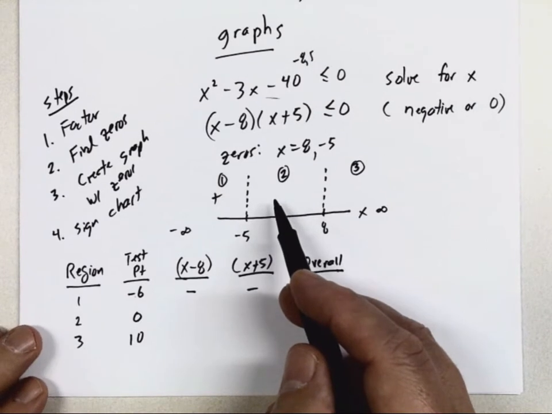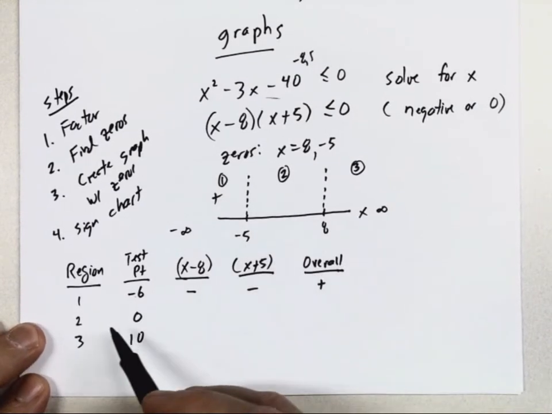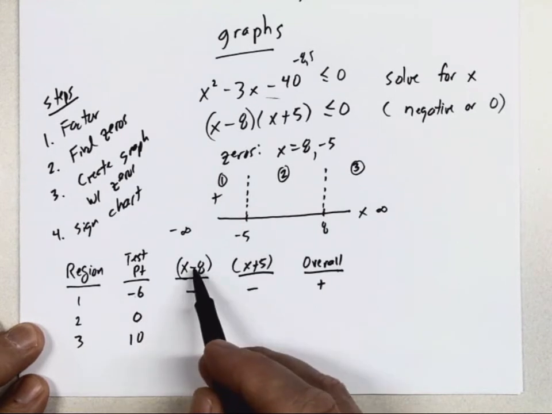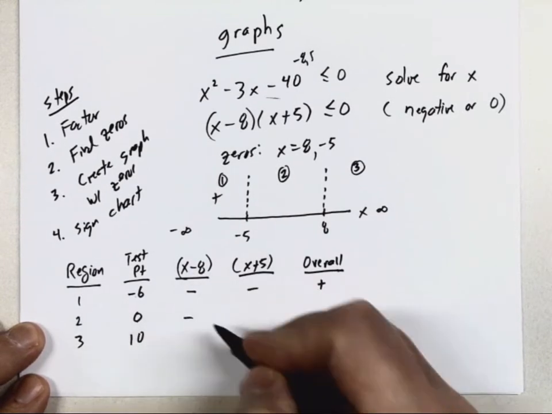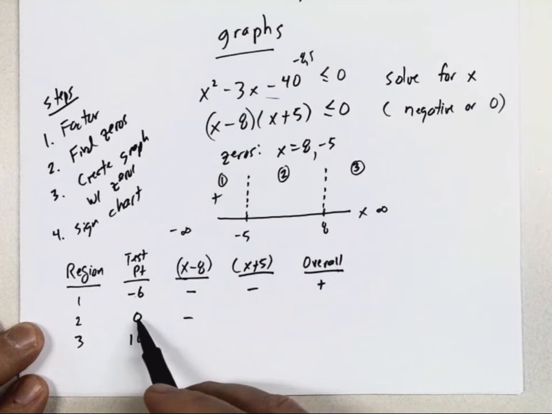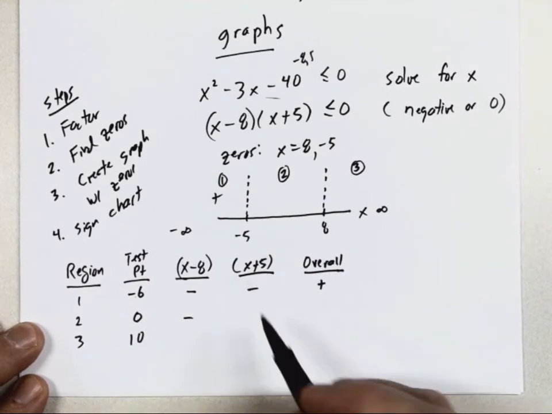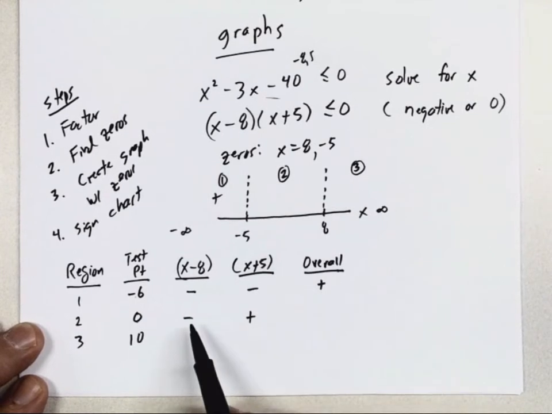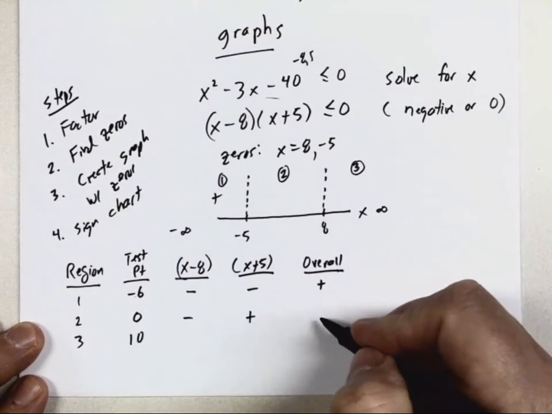Let's go find out about region 2. Region 2, my test point is 0. I plug in 0 into here. 0 minus 8 is negative 8. I think I get a negative here. If I plug in 0 here, 0 plus 5 is positive. And now the overall is a negative times a positive.